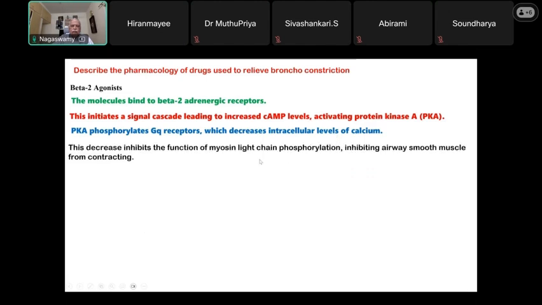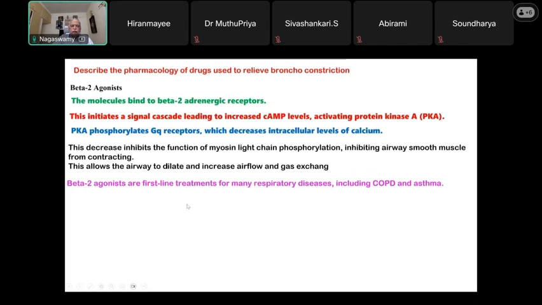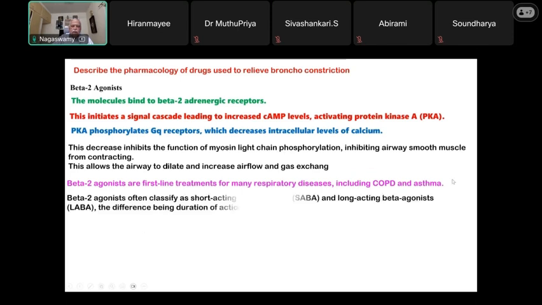Calcium, we have seen earlier, is very important for the myosin actin uplift, and that is inhibited, so smooth muscles are prevented from contracting. So they dilate, and beta 2 agonists are the first line treatment for respiratory diseases, including COPD and asthma.